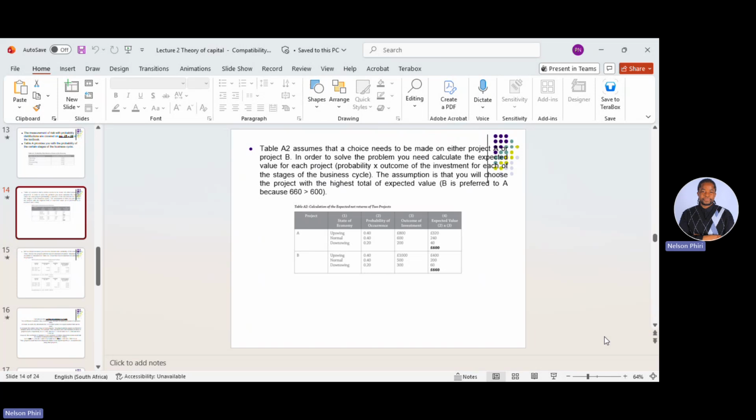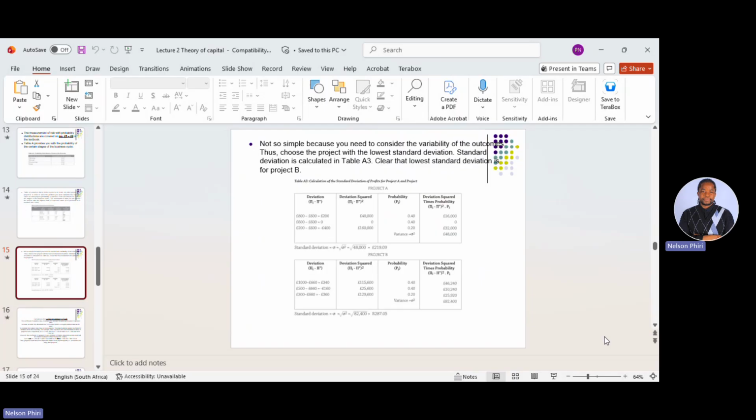So we would take the individual profits, 800 minus 600, 600 minus 600, 200 minus 600, square them and multiply by probability to get your deviation squared times probability, which are those figures. So if you take your profit minus your expected return, you square them up, you multiply by probability, you get that column of deviation squared times probability.